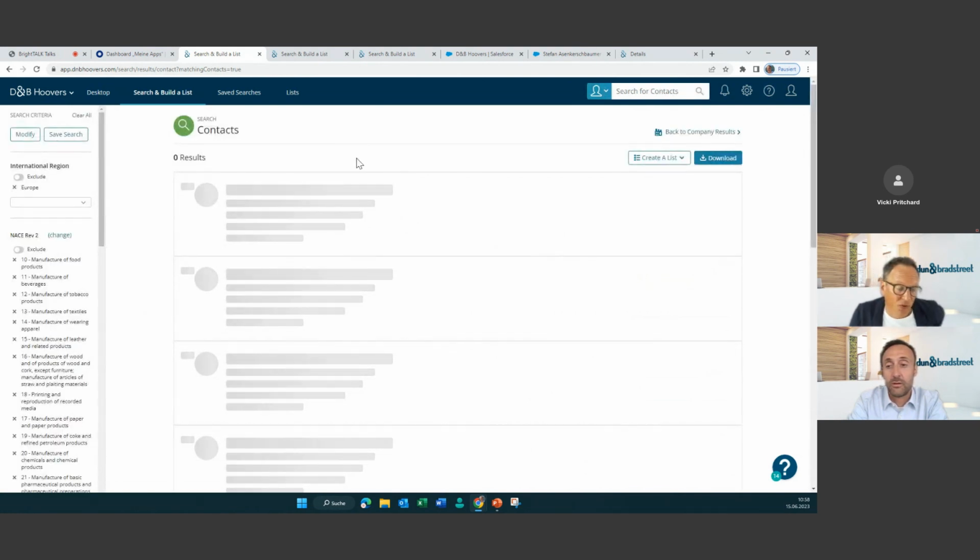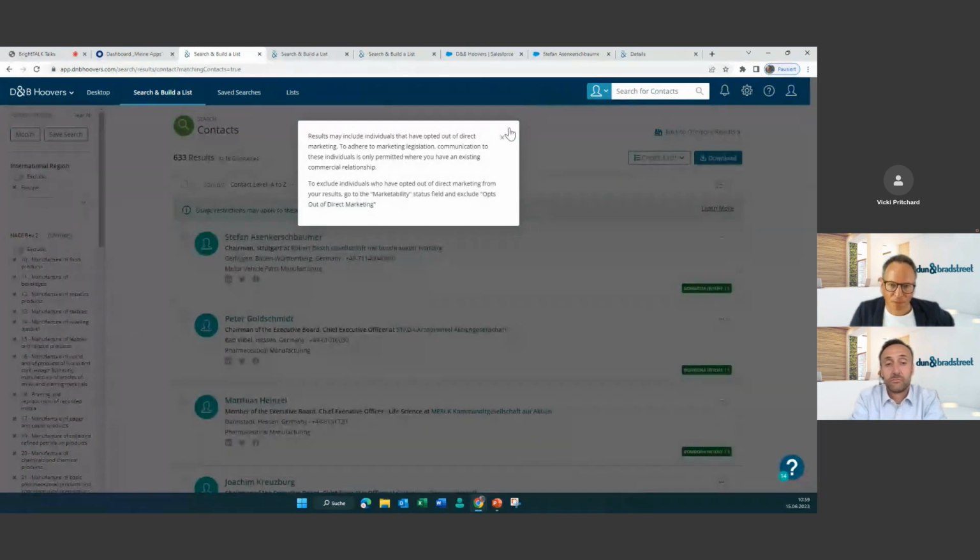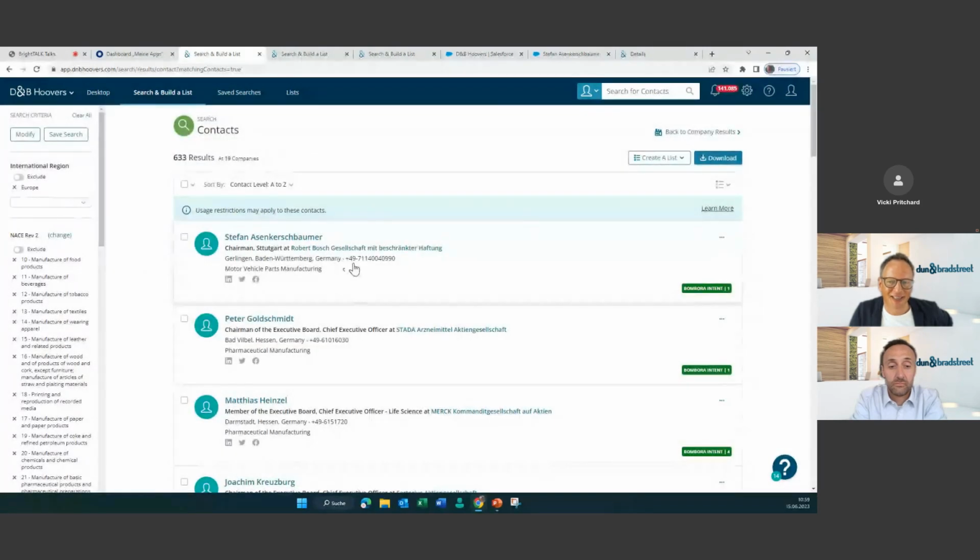And of course, every contact on the DNB database is always regarding the GDPR, the regulation. They are all here. You see that they're all registered. And you will see that from those companies there are 633 contacts.